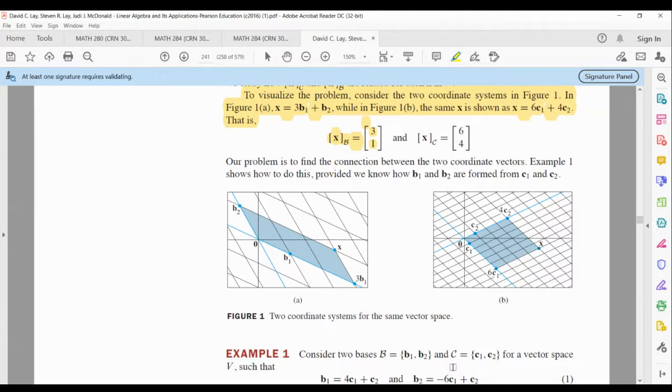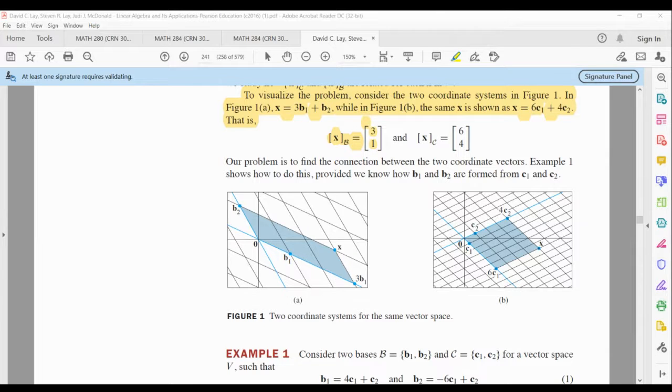And you see how on figure 1a, if you move 3 b1 vectors, and then add the b2 vector to the 3 b1, you arrive at the vector x. Is that okay? Okay, Hung's comfortable with that.